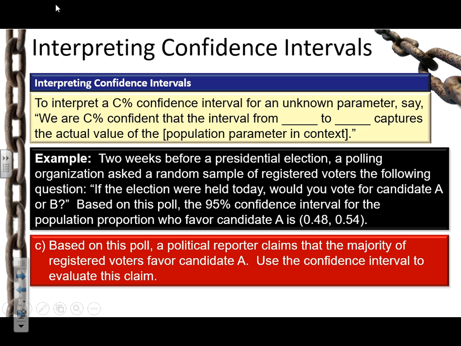So since it's all the way above, we know that in most cases, we can be pretty certain that we have more than 45% approval. Okay? So when you're looking at interpreting based on the interval, you got to think about where the value they're questioning lies and how it relates to the interval itself.